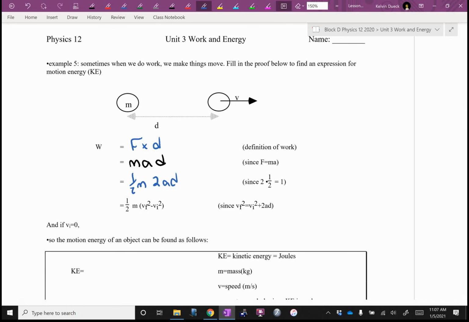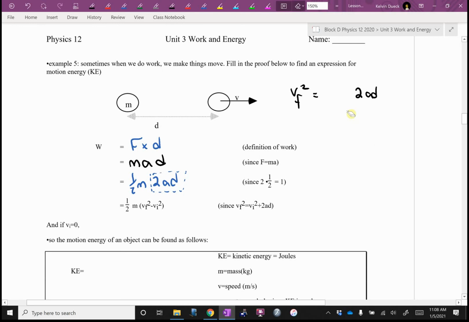It'll give you the same answer because timesing by 2 and then timesing by half, they just cancel each other out. But then I'm going to go like this, D. Put a little dotted line around the 2AD. Because VF squared equals VI squared plus what? Oh, and if I start at rest, VI squared is 0.